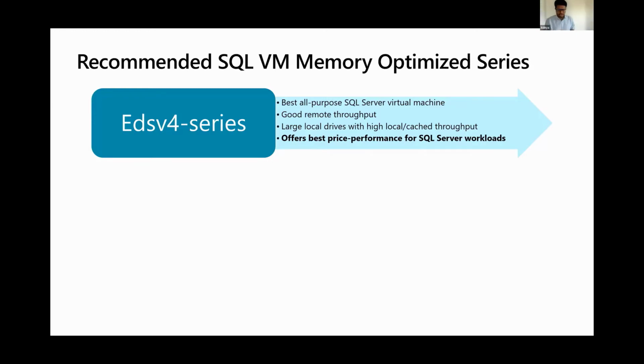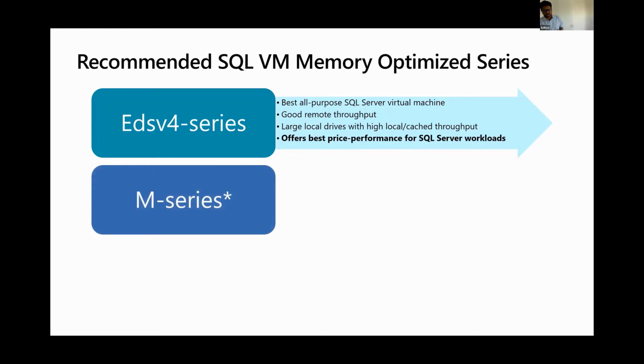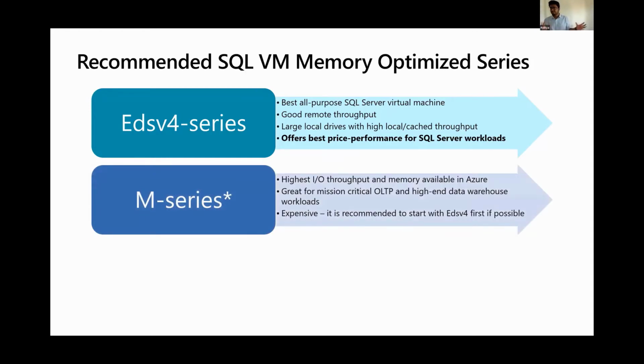Now, there could be a few workloads which are very, very high OLTP in nature, which have lots and lots of users and transactions per second that need to go through, and then there is a demand for huge, high CPU cycles. For those kinds of workloads, we do recommend going for M series.